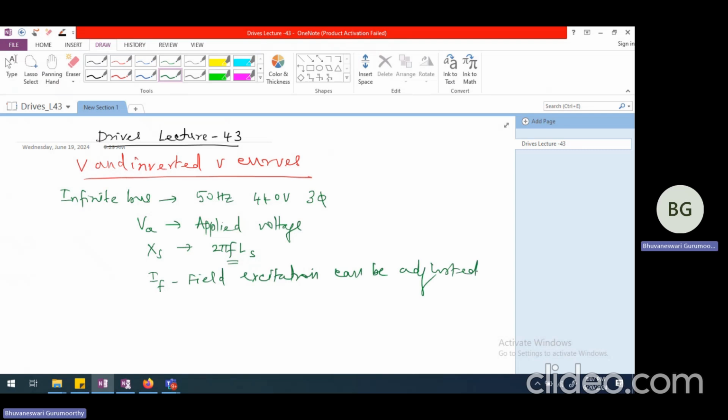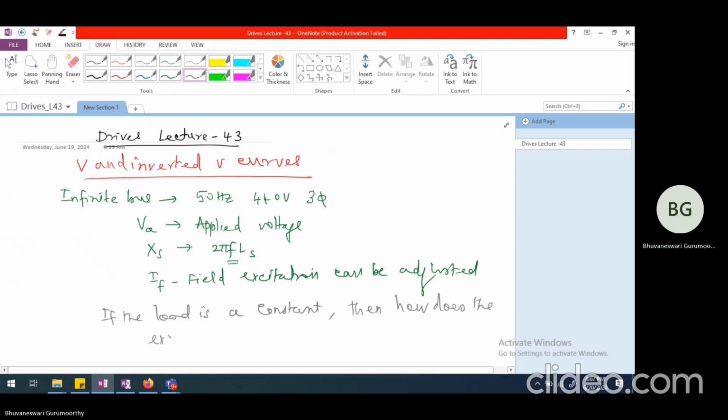So what we are looking at in this particular discussion regarding the synchronous motor drive is, if the load power is a constant, then how does the excitation affect field current and armature current?